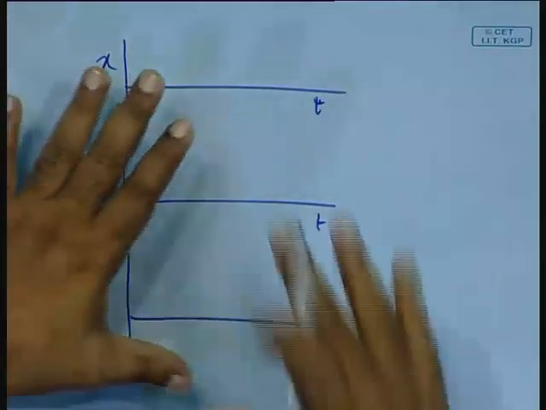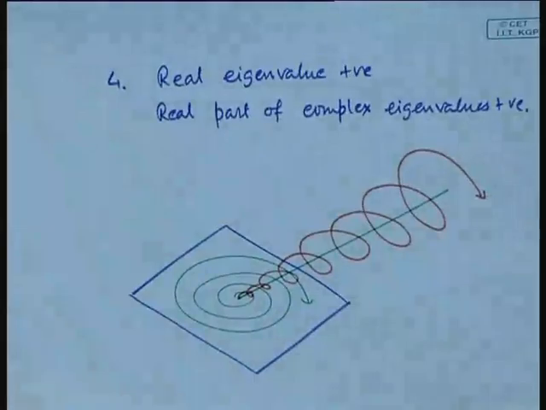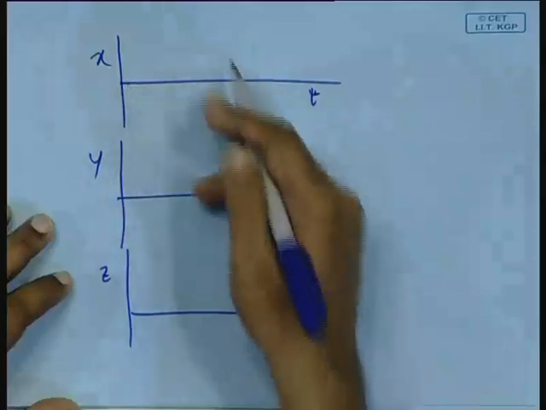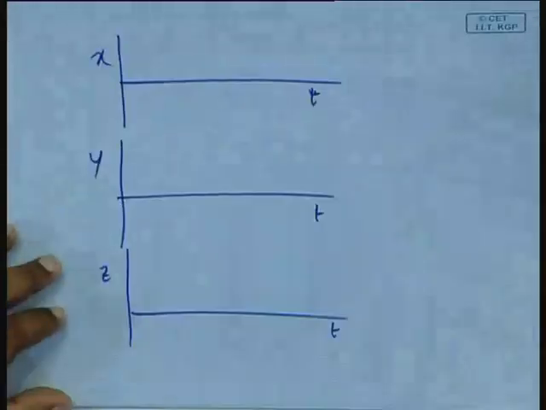Actually, this and that contain the same information, but this is visually appealing. If you look at the waveforms here, how will it look? For example, a waveform like this, how will it look here?